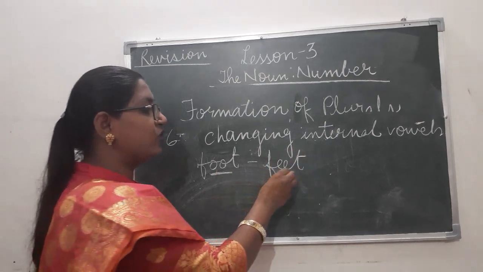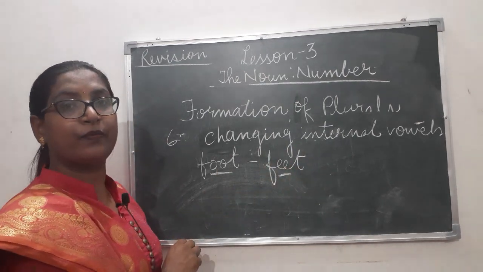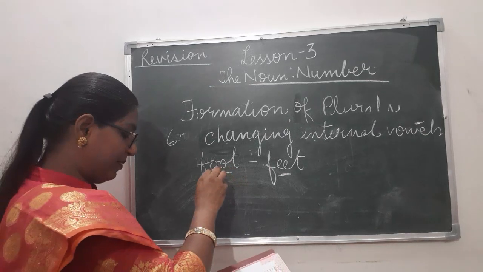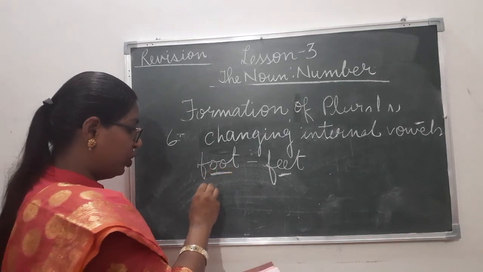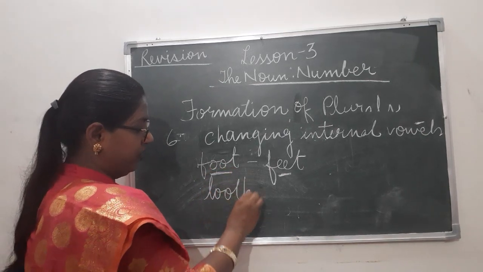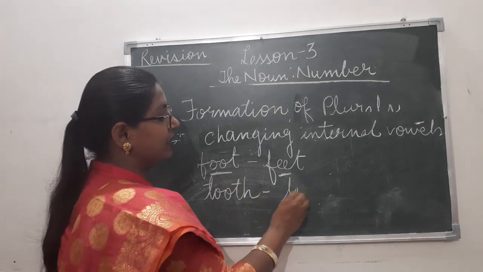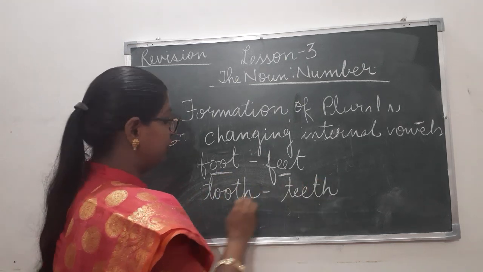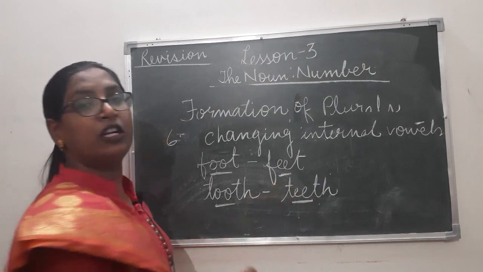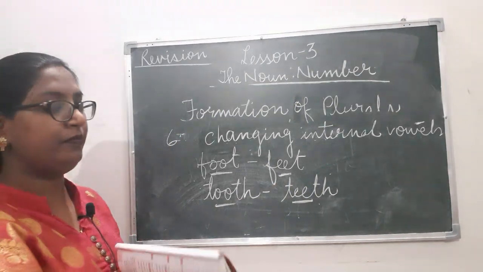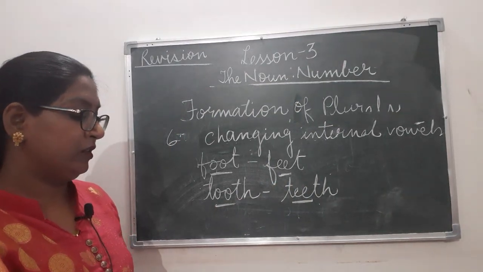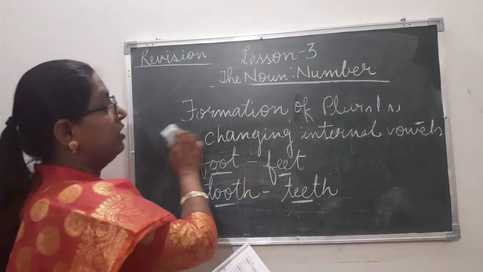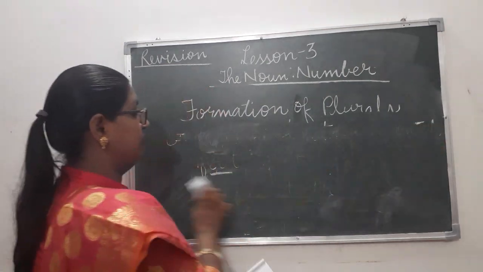Double O is changed into double E. For example, tooth. It becomes teeth. Double O is changed into double E. Let us see the next rule.